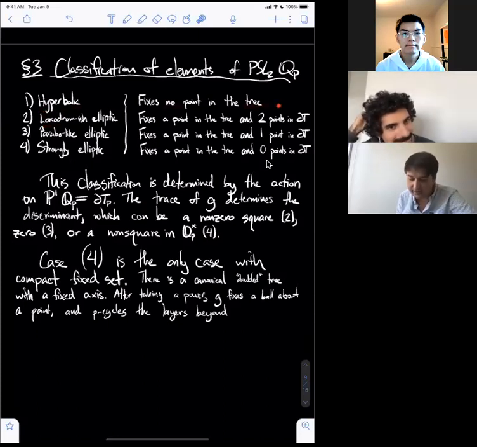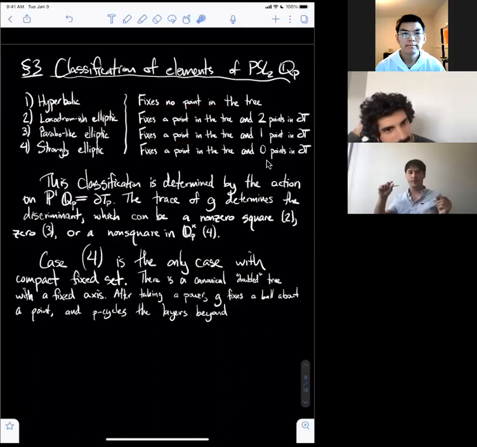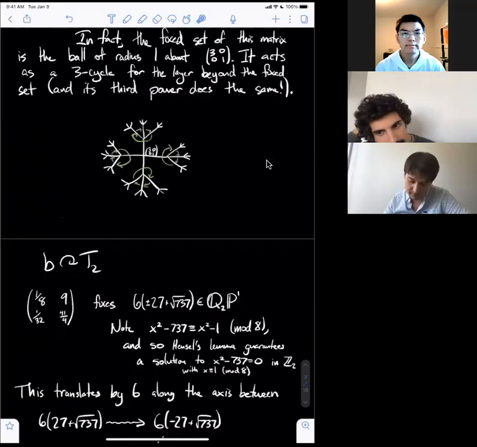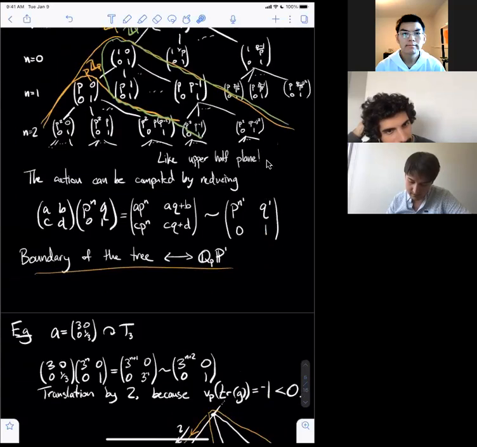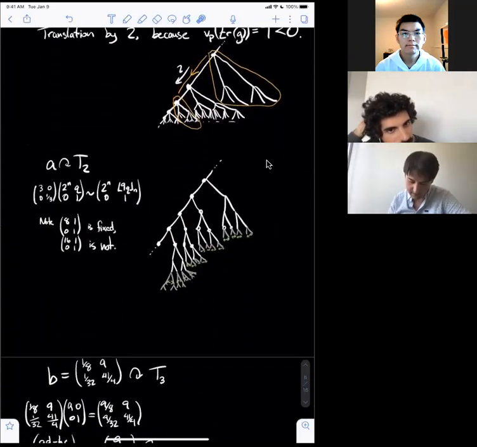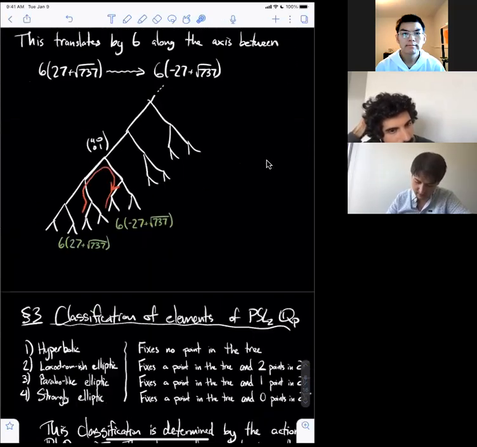So hyperbolic has an axis. And then we have these loxodromish elliptics, which fix an axis and then do some shuffling. This one was an example. So it has this big fixed axis and then does some shuffling.